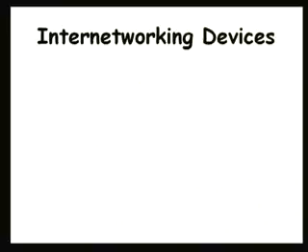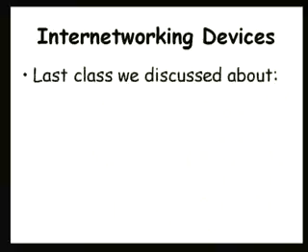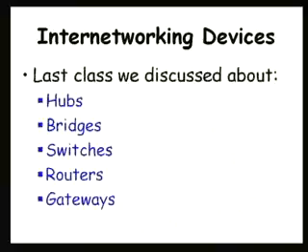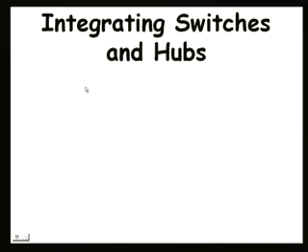So, last time we were discussing the internetworking devices. We discussed various types of devices that are used in internetworking: hubs, bridges, switches, routers, etc. But one thing we did not mention is that when we have an interconnection network where we have the option of using switches and hubs, where to use which one?